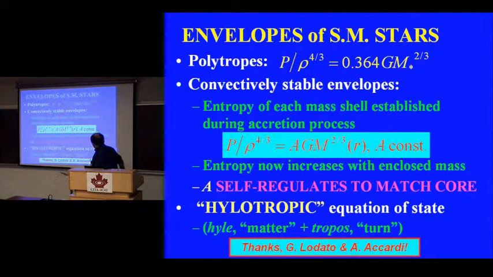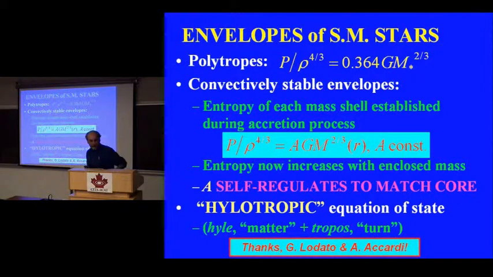In honor of this bizarre equation of state, we figured we needed a Greek-based name, so we came up with hylotropic, or helotropic, I'm not sure how to pronounce it, from the roots for matter and tropos, to turn. We actually had a genuine classical scholar, Alice Accardi, help us with this etymology.